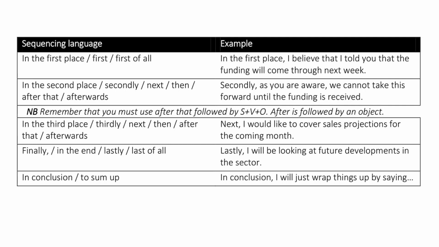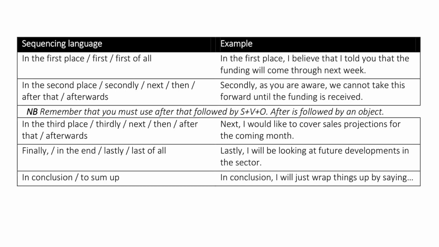You can say after the party, because the party is an object, después de la fiesta. So después is after that or afterwards. However, después de would be after plus an object, okay? So we can only use after that and afterwards followed by a subject, verb, or object, all right? So it's a very common mistake. It won't really affect understanding, but it does affect your fluency, okay?